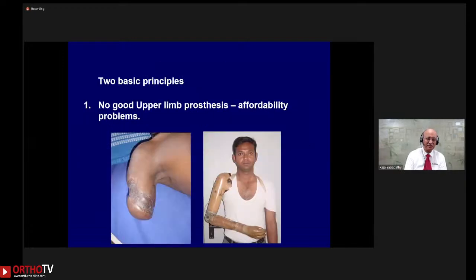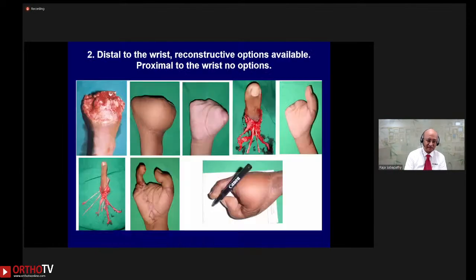Two basic principles applied to my mind. When you have a major amputation, there's still no good upper limb prosthesis with a high compliance rate, and affordability problems are also there. That's one. And second, distal to the wrist, even if you use all the fingers, reconstructive options are available.